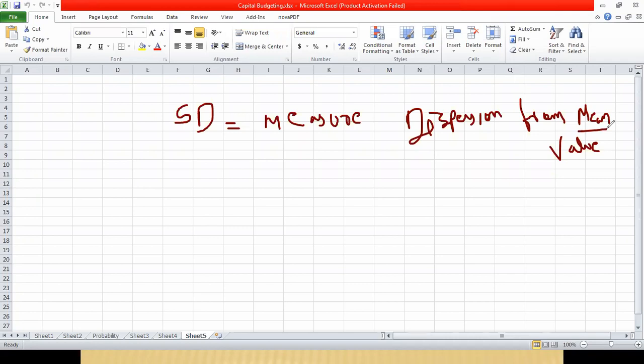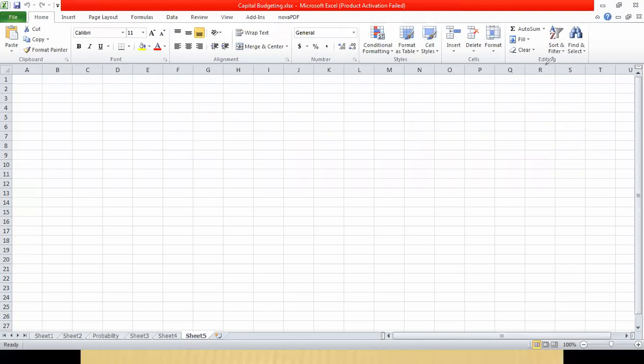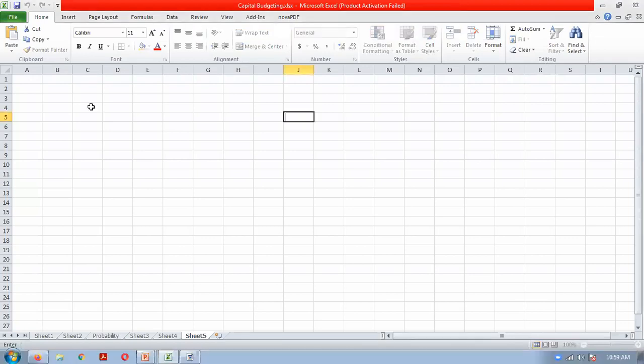So standard deviation will tell you how much dispersion there is in the data from the mean value. So let us understand this with an example of two cricketers.